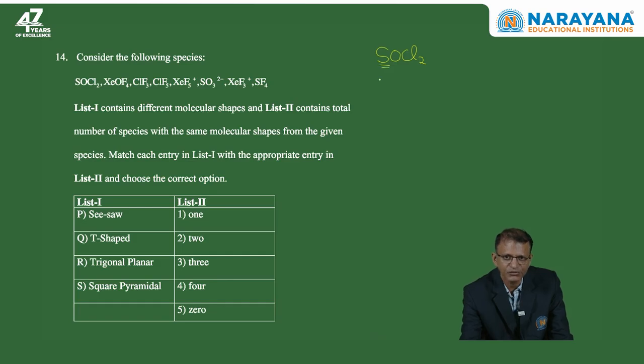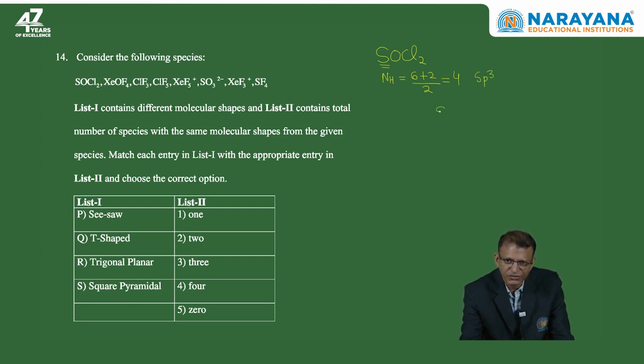So if I try to find the number of hybrid orbitals in this molecule, valence electrons on sulfur is equal to 6, number of monovalent atoms is equal to 2, divided by 2. So from there we get that the number of hybrid orbitals will be 4. In this molecule, the sulfur atom should be sp3 hybridized.